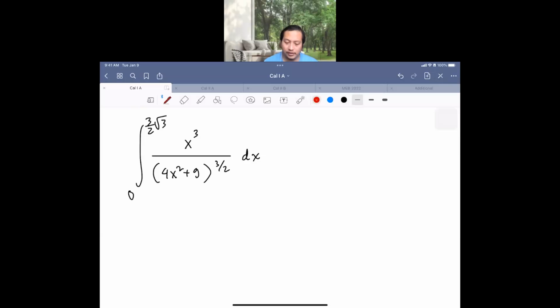Okay, perhaps the one that might intimidate your mind is this 3/2 here, right? But let's just think clearly, okay? Slowly, relax. We can write the 4x squared plus 9.